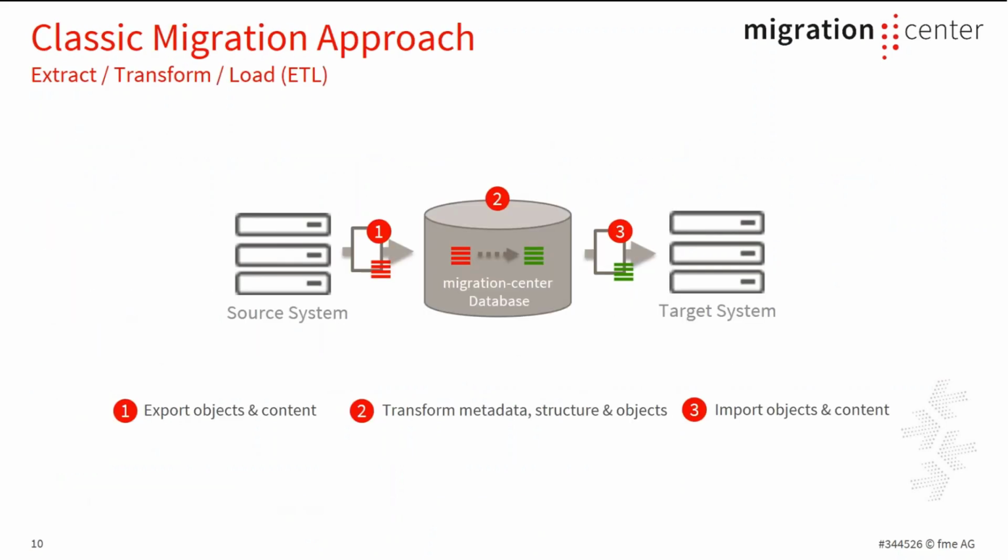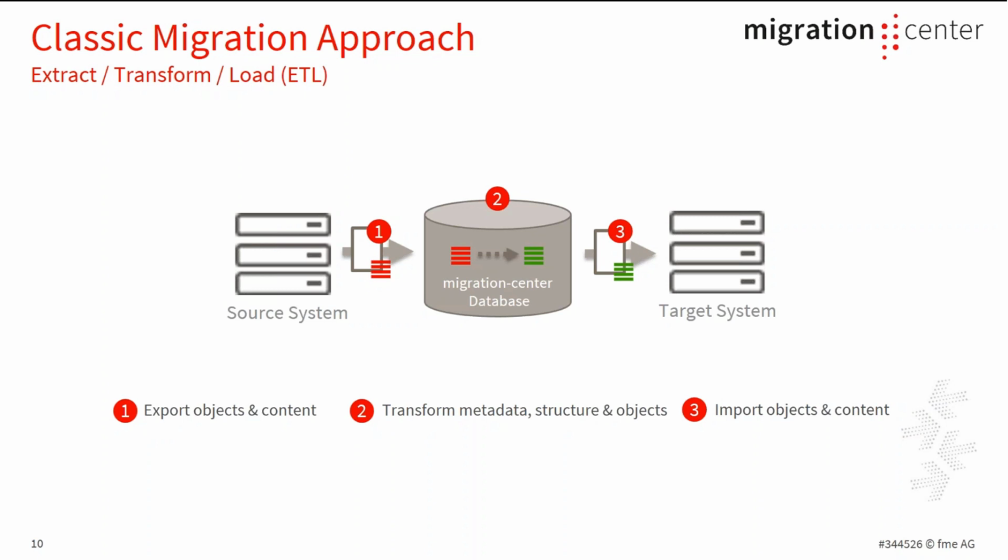Okay, the classic migration approach is usually in 3 steps. First step is also called the extract phase, where you read or export the desired objects from the source system along with all the metadata and the content. The second step would be the transform step, where you transform the exported objects to match the format of the target system.